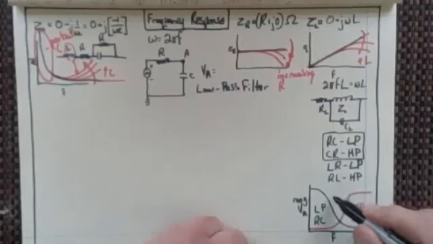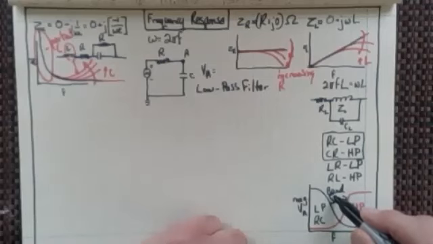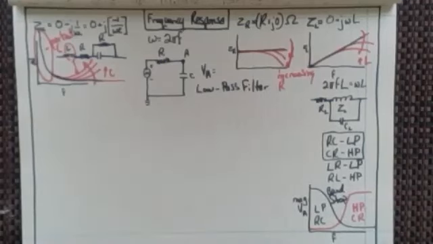In fact, you could say that this was then a band stop filter, because you're going to let this low stuff through and this high stuff through, but the stuff in the middle is not getting through at all. So we call that a band stop filter.